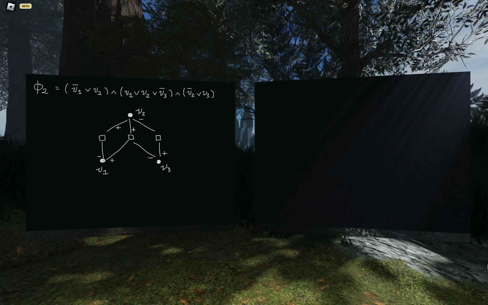So this formula is satisfiable. It's pretty easy to come up with satisfying assignments because they're so free. We can just use V1 and V3 to satisfy these clauses, and then V2 to satisfy the middle one. So when we transform this into a set of points, it should be a set of points that we can partition in some way that we set up.